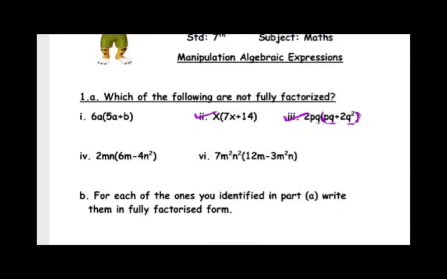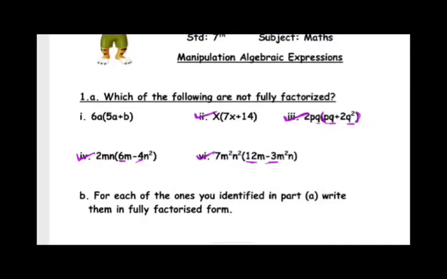So fourth one, basically we have 6 and we have 4. Both of them go in the table of 2. So this one is also not fully factorized. And then we have here as well, 3 is the common factor. So this one as well is not fully factorized.